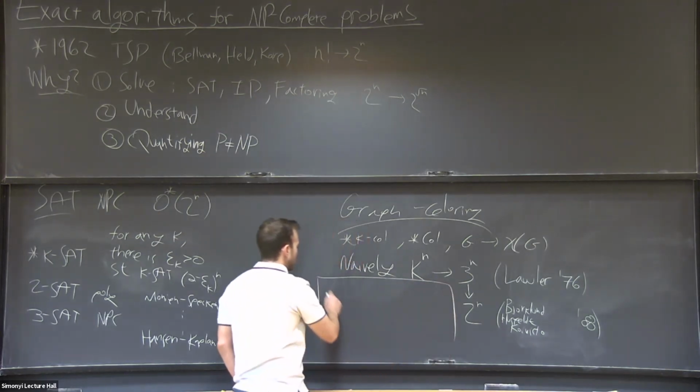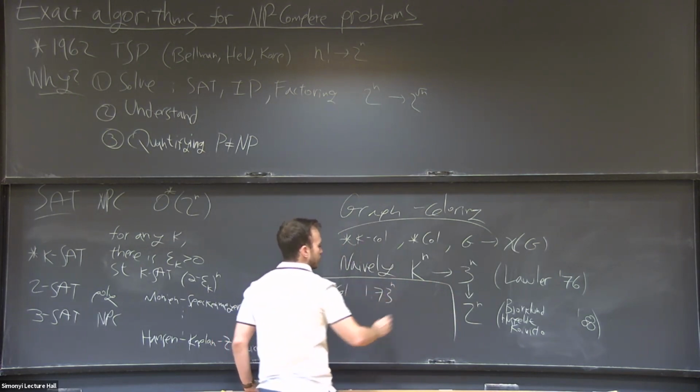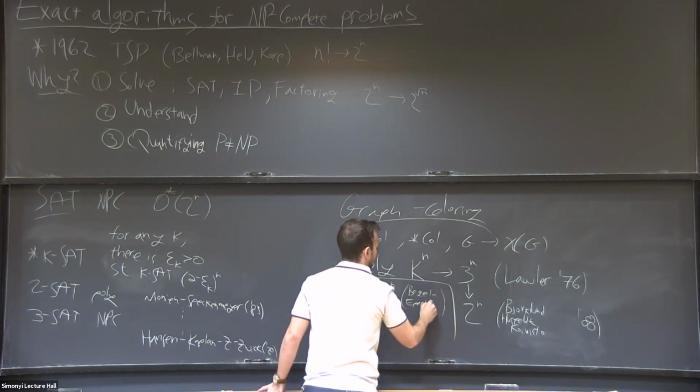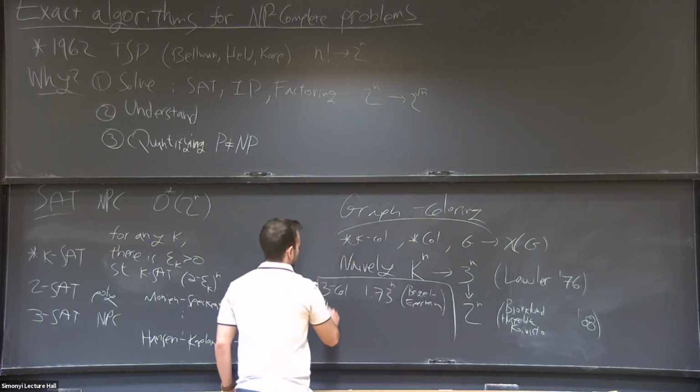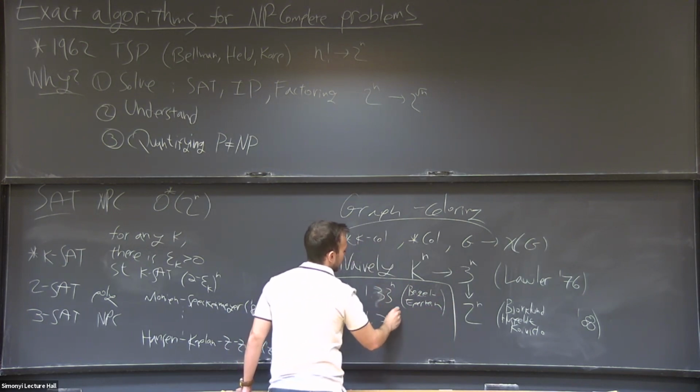So what was known is that 3 coloring could be solved in this amount of time. This is Eppstein. 4 coloring could be solved, sorry, this is 3 coloring and this is 4 coloring.